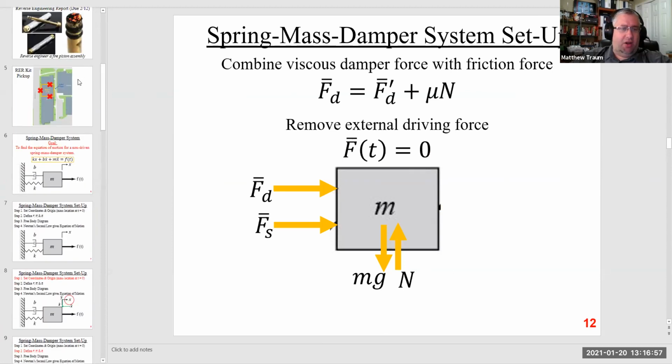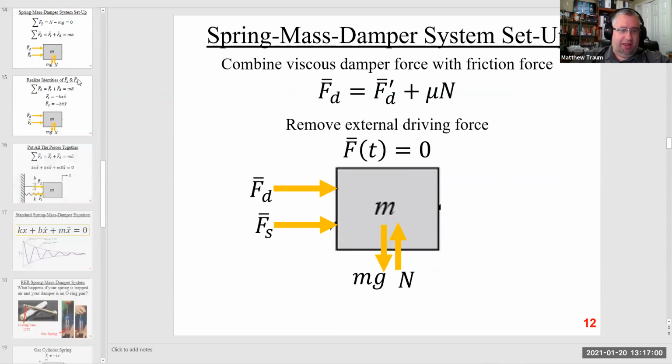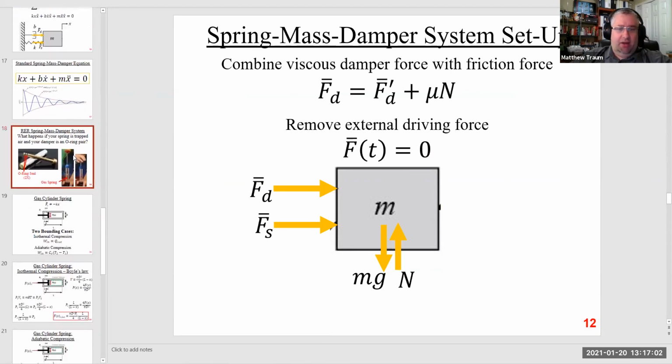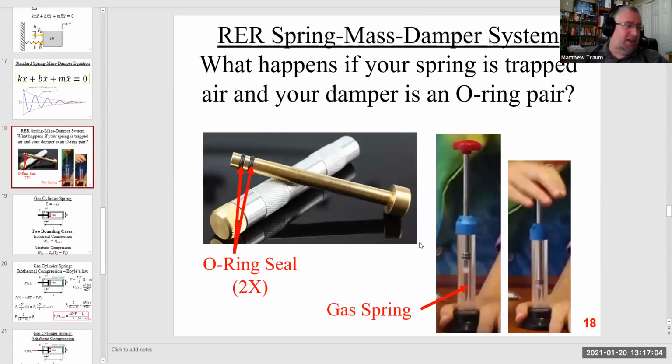So let's see, I've actually got to go all the way to the end. Here we go. Okay, so the process that I am modeling is after all this is done. I've done the compression, I've got my auto ignition, and now I'm taking my hand off of the piston.